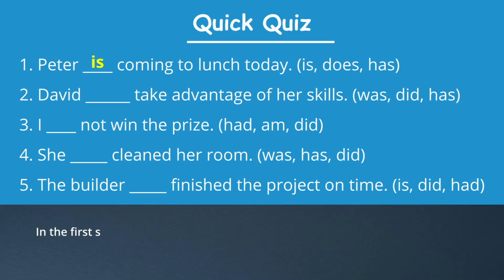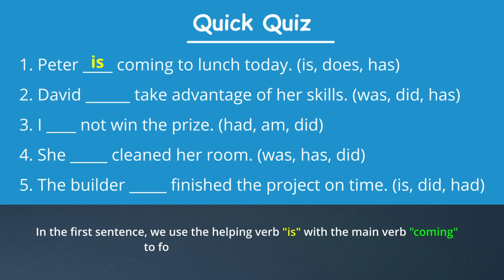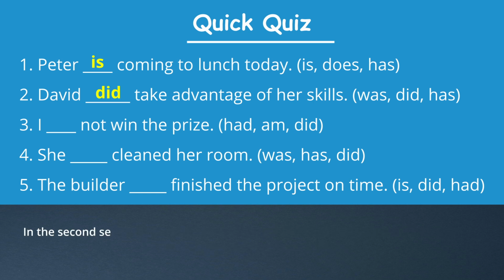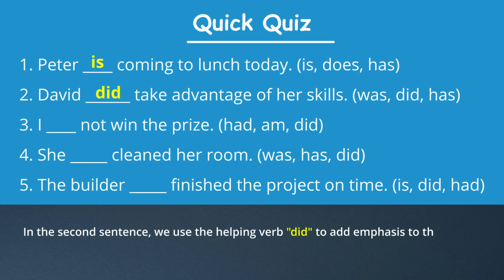In the first sentence, we use the helping verb is with the main verb coming to form the present continuous tense. Peter is coming to lunch today. In the second sentence, we use the helping verb did to add emphasis to the main verb take to make it stronger, to make it more assertive.